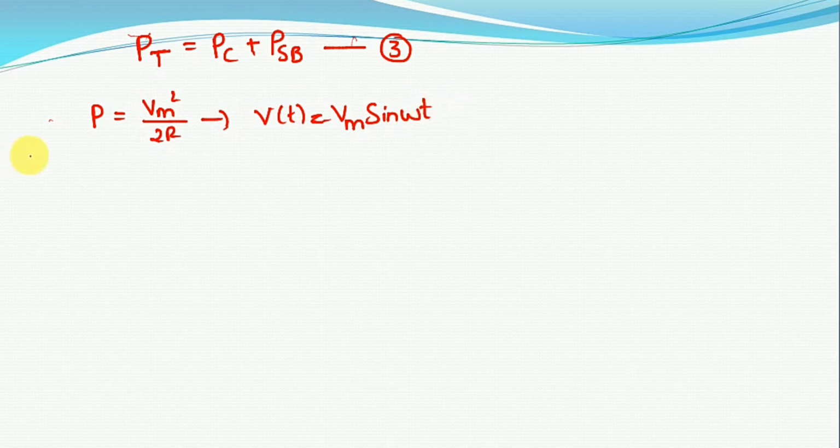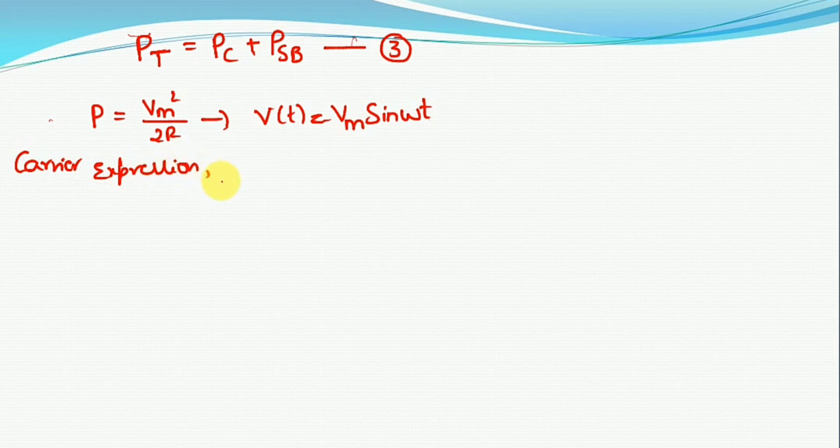Okay, now we have to calculate what is the carrier power and what is the sideband power. Since we have obtained the relation between the power and the peak signal amplitude, P is equal to Vm square by 2R, for the relation V of T as Vm sin omega T. Now here we have a carrier term.